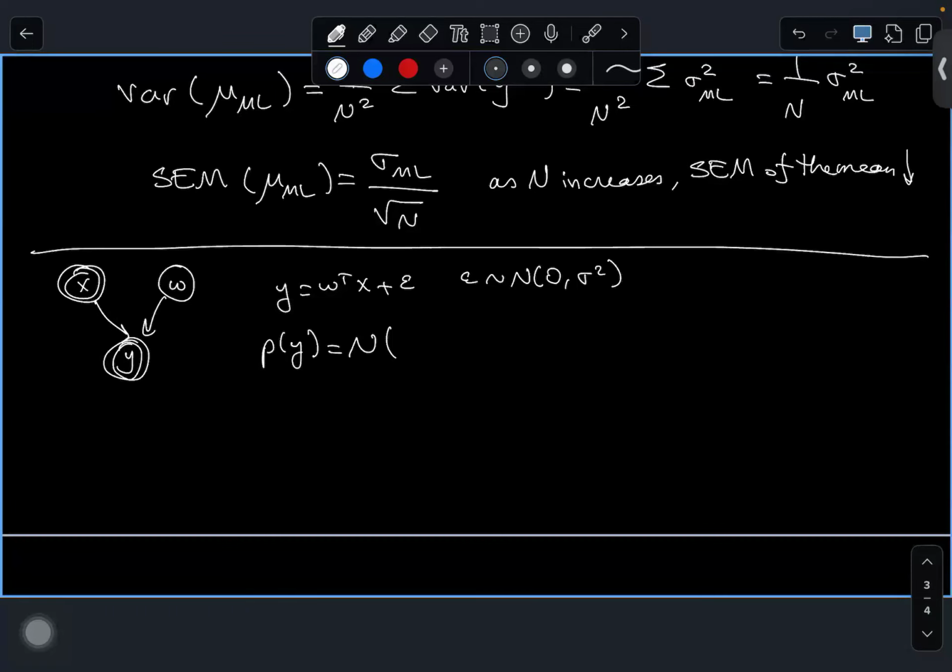Well, of course, the mean value of Y is the mean value of that equation. What's the expected value of the right side of this equation? W transpose X, right? So the mean of the right side of the equation is W transpose X, because epsilon is mean 0.